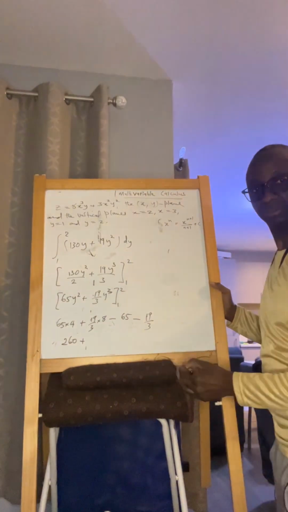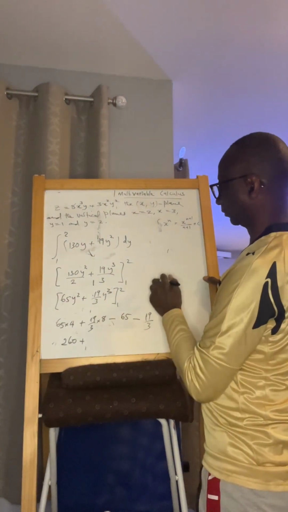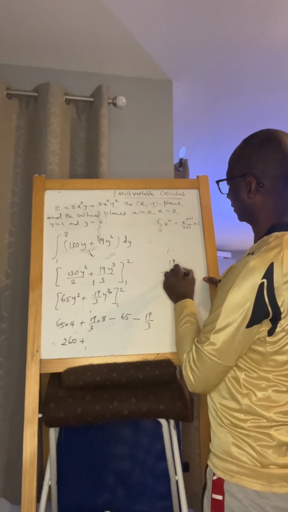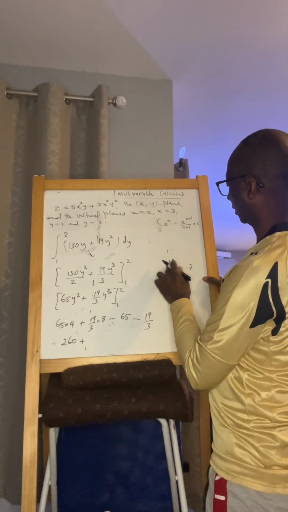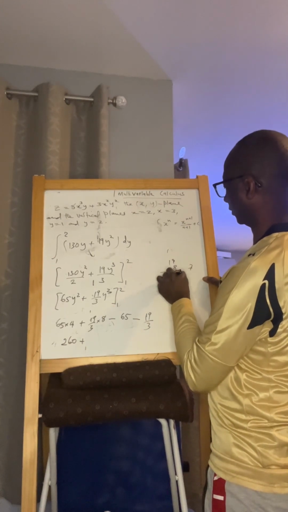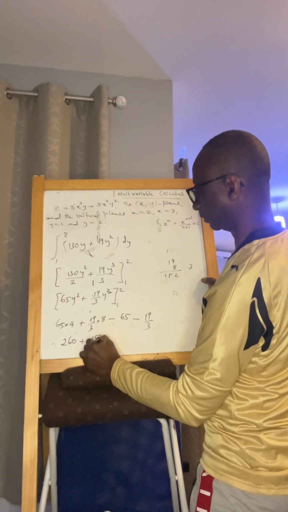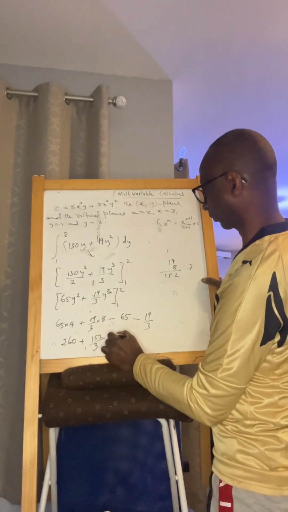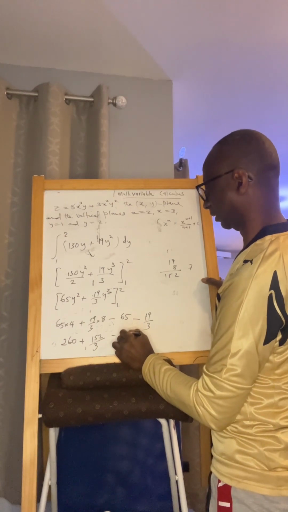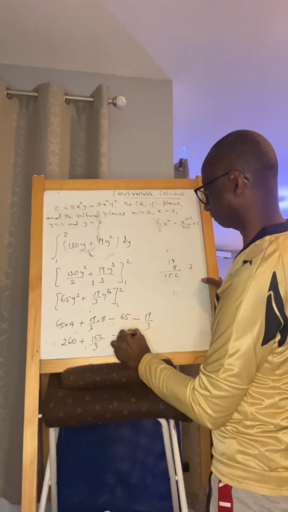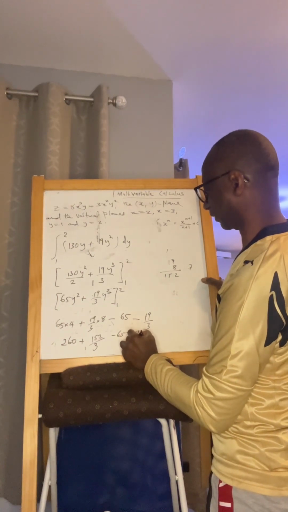So need calculator, please. 19 times 8. This is 72, carry 7. 8 plus 7, 15, 152. 152 divided by 3 minus 65 minus 19 all over 3.